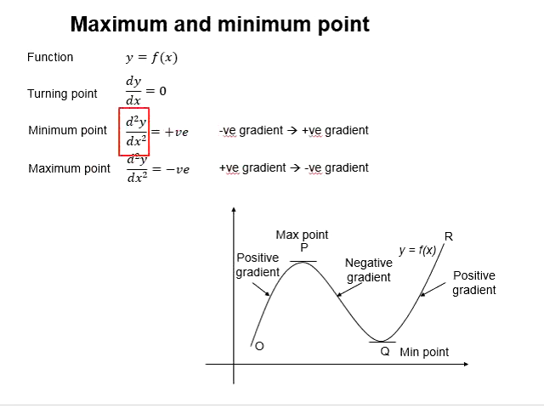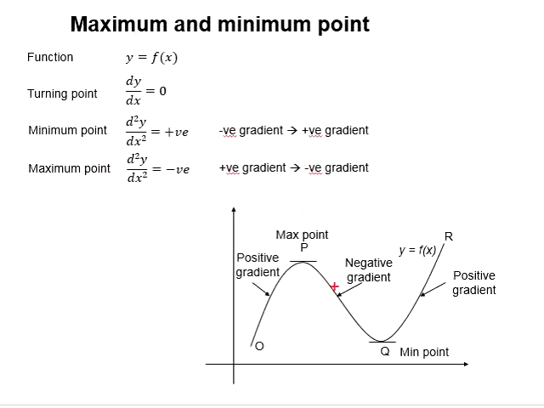For the second level of differentiation, you will need to observe whether it is a positive or a negative value. If the second level of differentiation is a positive value, you know that the turning point will be a minimum point. Otherwise, it will be a maximum point.